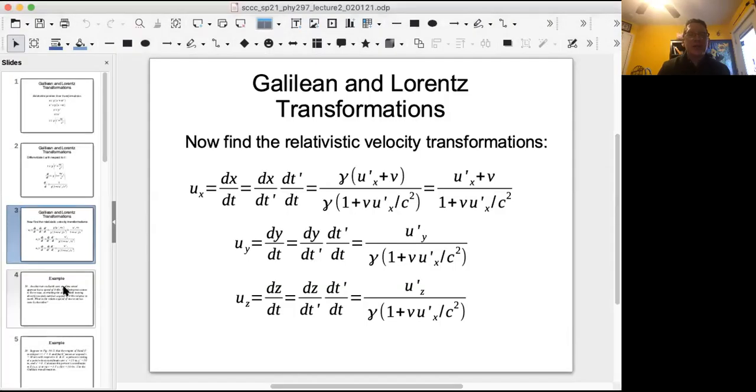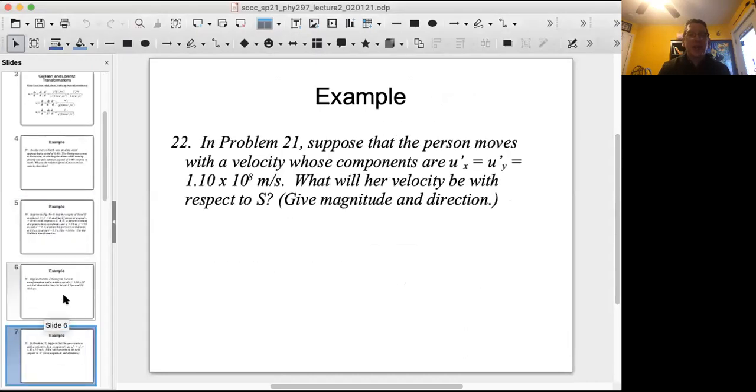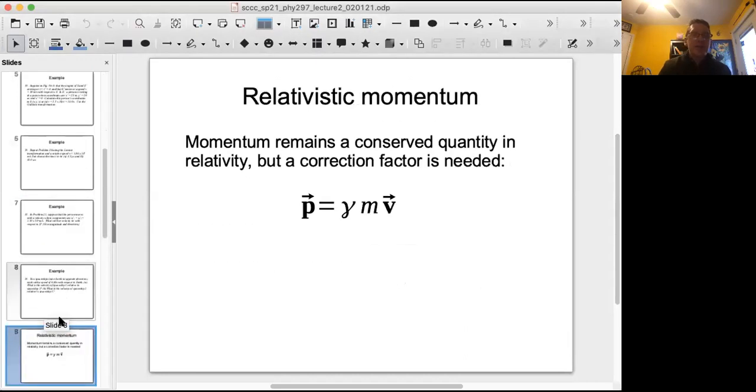And that brings us to relativistic momentum. We're not going to go into a full rigorous definition of relativistic momentum, but Einstein did a lot of thought experiments, and when he tried to describe relativity to people, he used these thought experiments so that they could understand it conceptually, since the mathematics was a bit more complicated.